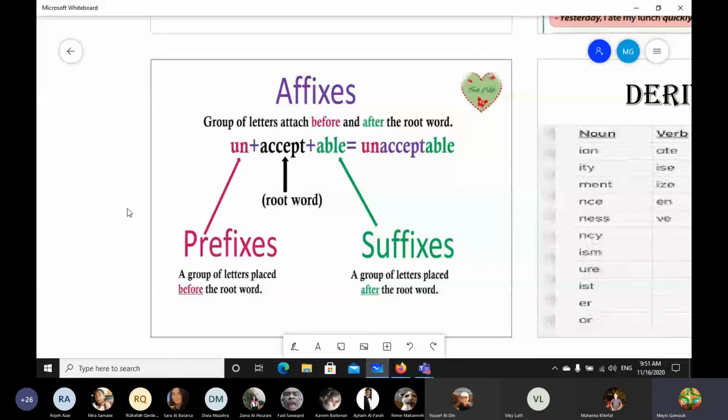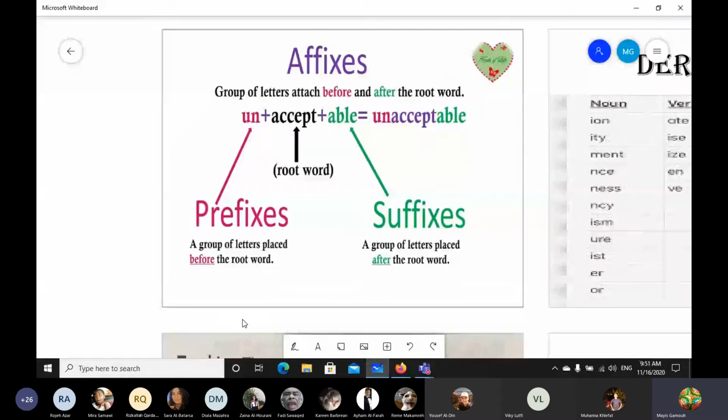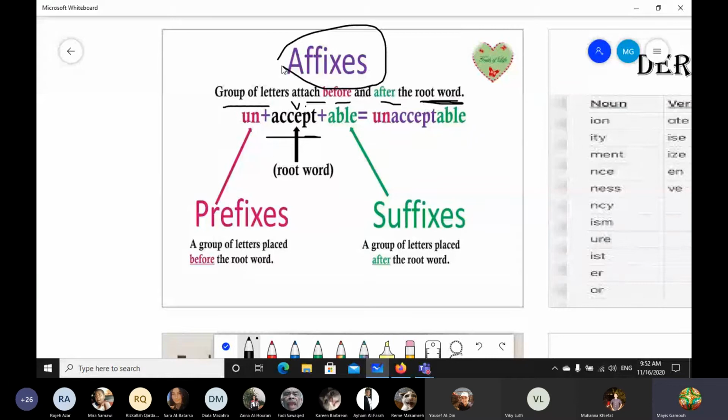We added our prefixes. From its name, it is a group of letters placed before the root of the word. But suffixes are a group of letters that are placed after the root of the word.